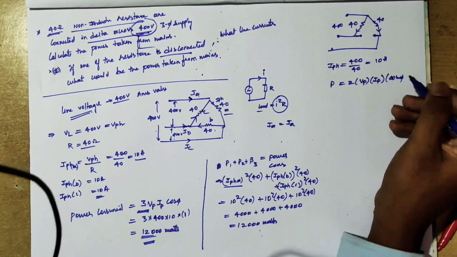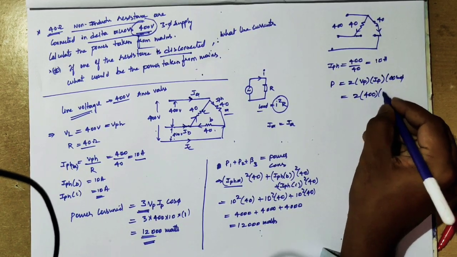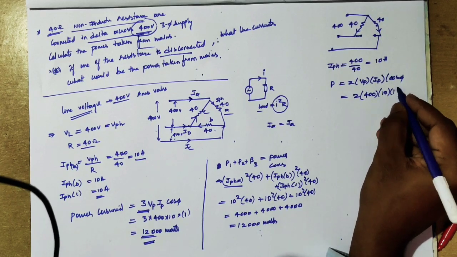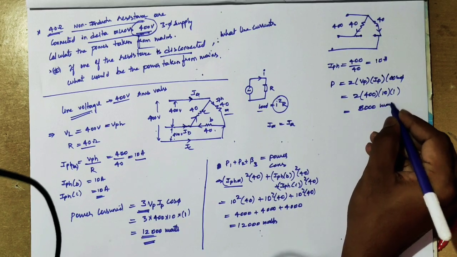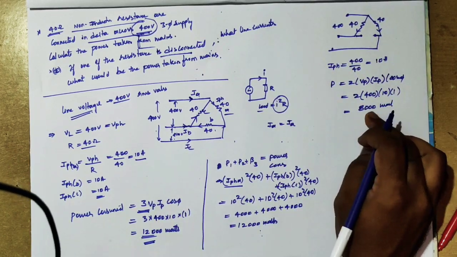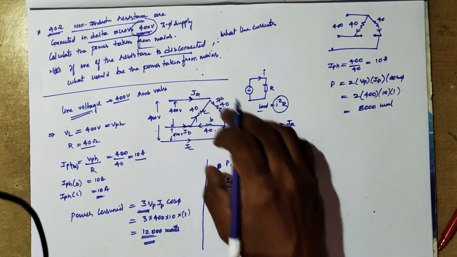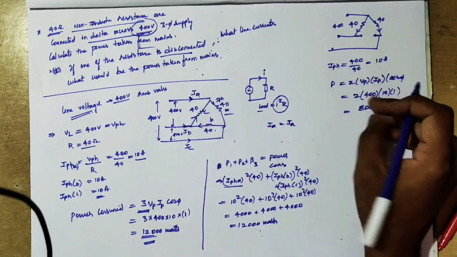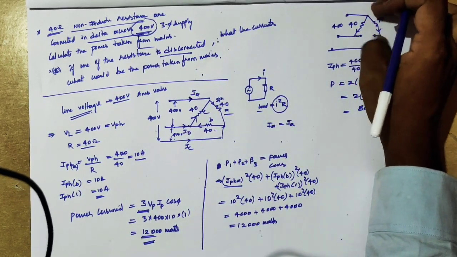Okay, therefore you will get 2 into 400 into 10 of 1, you will obtain 8000 watts. So by this if you remove one phase you got 8000 watts. If 3 phases are acting you have 12000 watts. Only this power drawn by the total delta connected load will be reduced, but it does not affect the voltages across each individual phase.